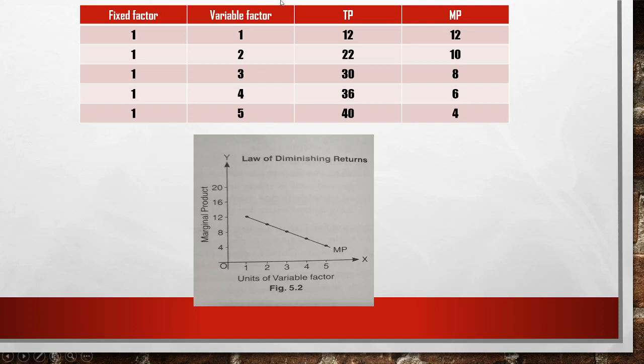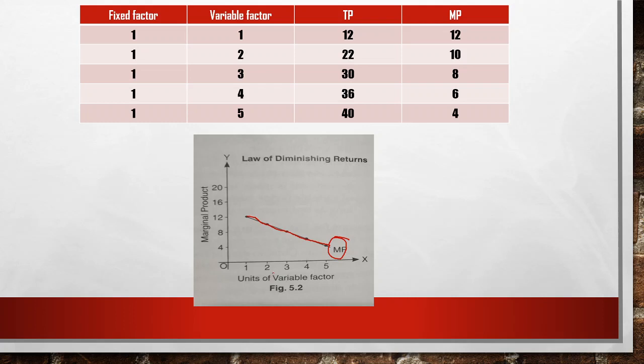You can see that with the increase in the variable factor from 1 to 2 to 3 to 4 to 5, marginal product decreases from 12 to 10 to 8 to 6 to 4. By joining all these points we get this straight line curve, which is also called the marginal product curve.